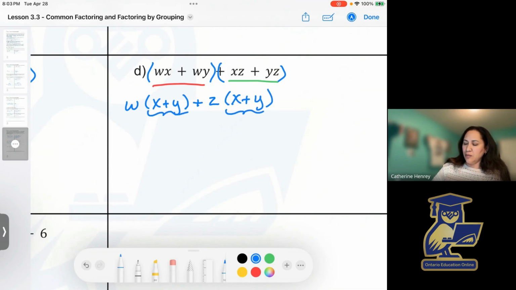There's my common bracket. So x plus y can be factored out of both terms. And then what's left over is this w and this z. So w plus z.